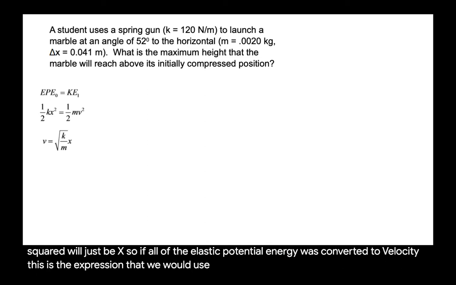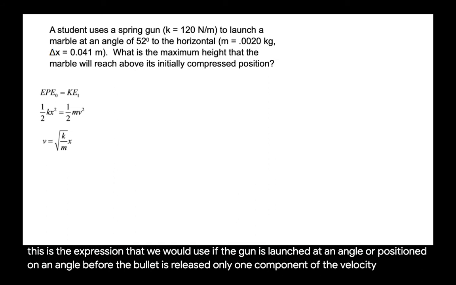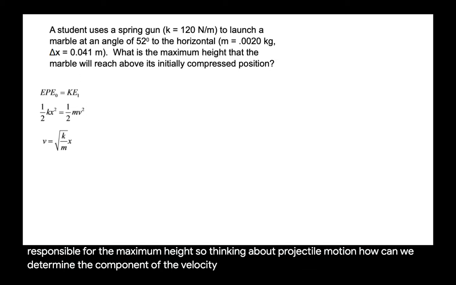So if all of the elastic potential energy was converted to velocity, this is the expression that we would use. If the gun is launched at an angle or positioned at an angle before the bullet is released, only one component of the velocity will be responsible for the maximum height. So thinking about projectile motion, how can we determine the component of the velocity that we would need?